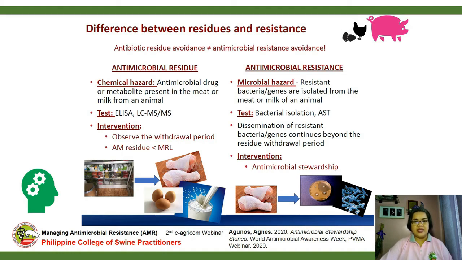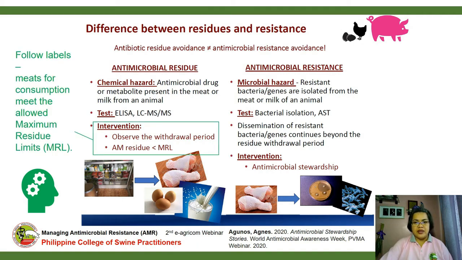A residue is a chemical hazard. It is the antibiotic itself or its metabolite in the meat of animals. It can be determined with an ELISA test or an LCMS test. We already know that resistance is microbial. It is either the resistant bacteria or genes, and testing is by bacterial isolation and antibiotic sensitivity tests.